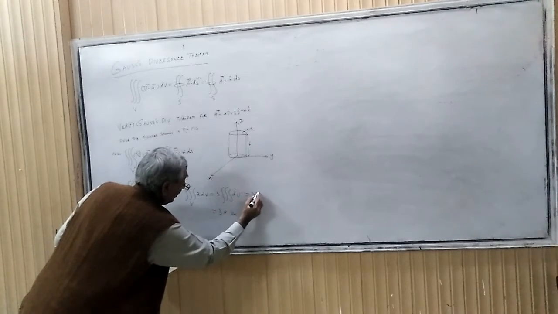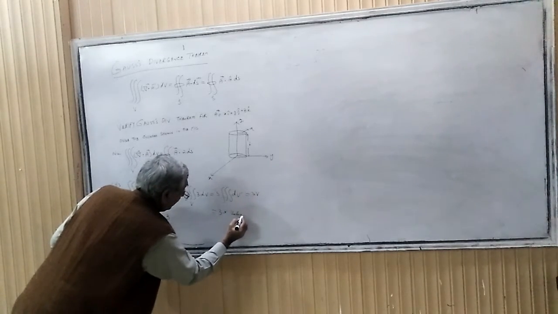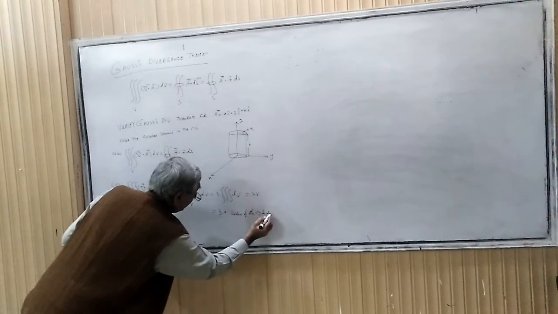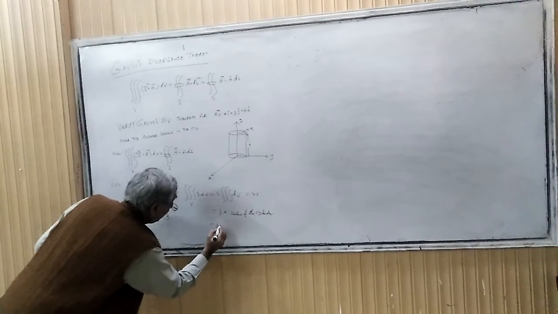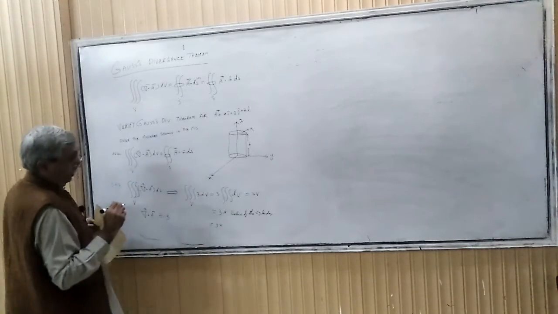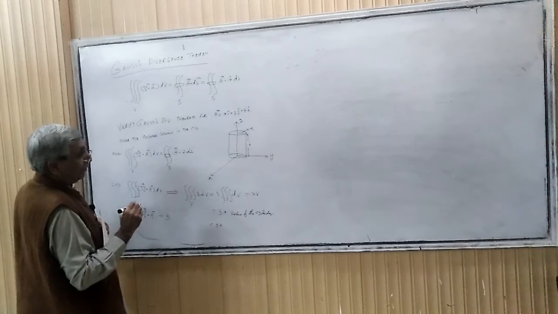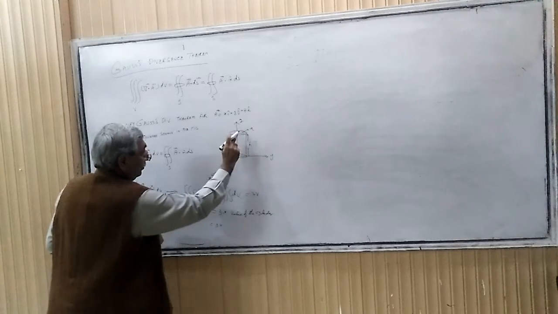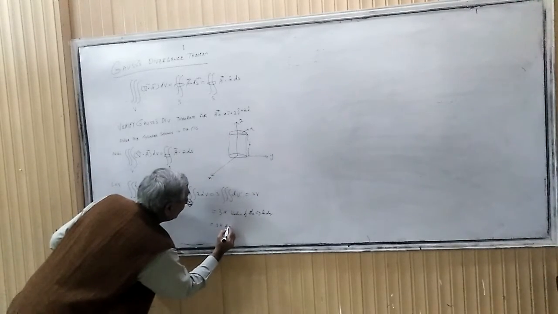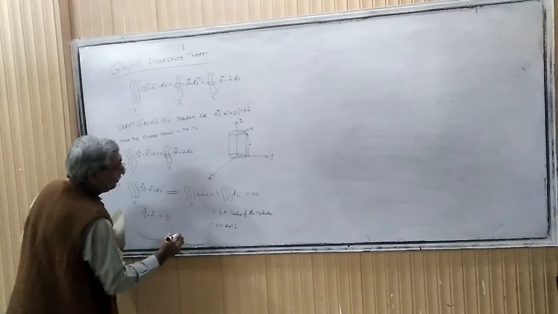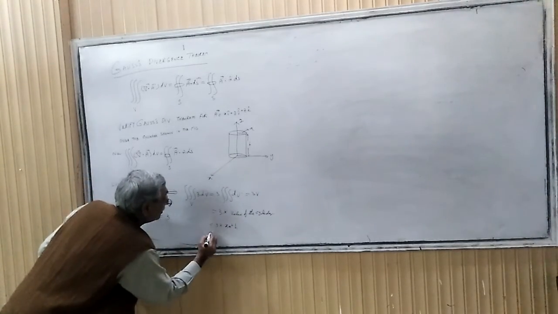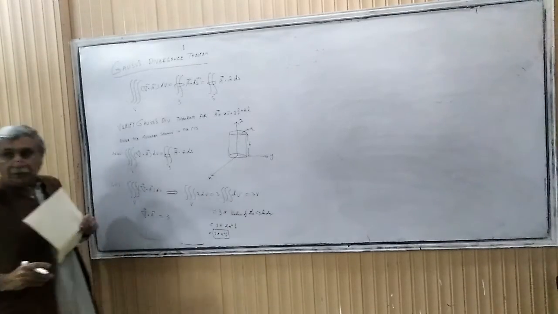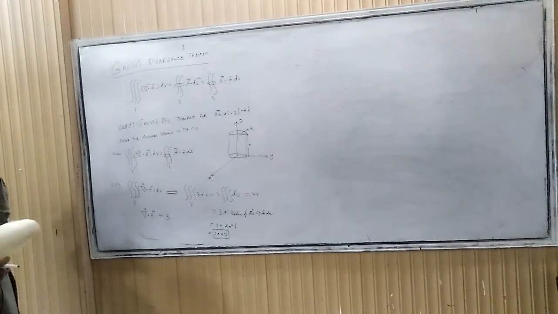It will be 3V, and the volume of the cylinder is pi a square, the base, into height h, so the answer is 3 pi a square h. Okay, this is how you calculate it.